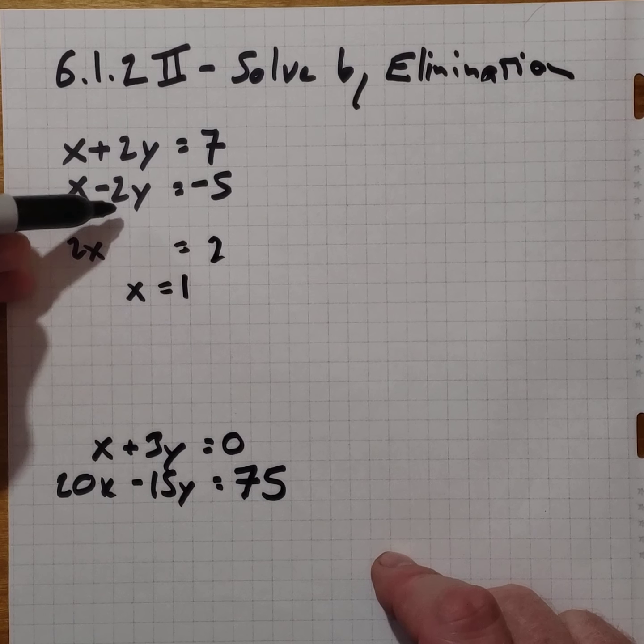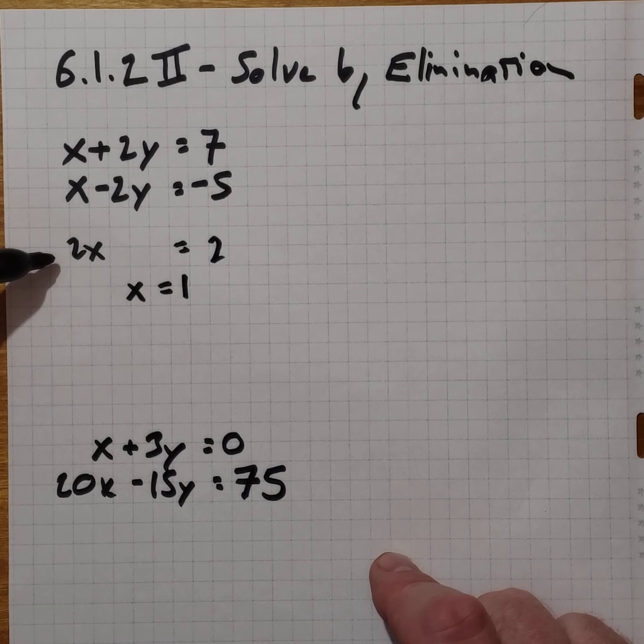All right, we eliminated the y's, and that gave us a real simple equation with just one variable in it to solve, and that gives us the value of that variable. So we know that the x value in our solution is 1. Now we have to find the y value, and the way we do that is to choose either one of these original equations and replace the x in it with the value 1.